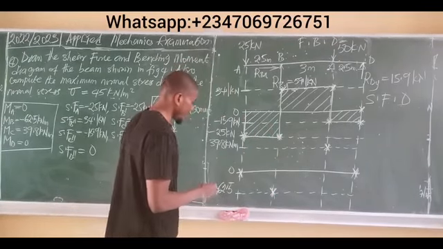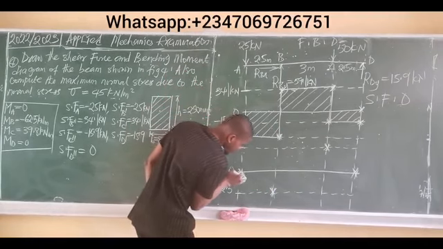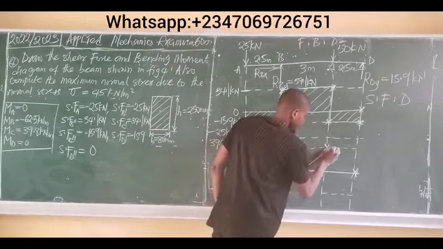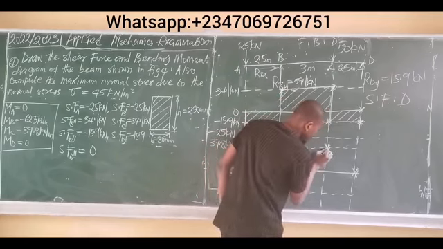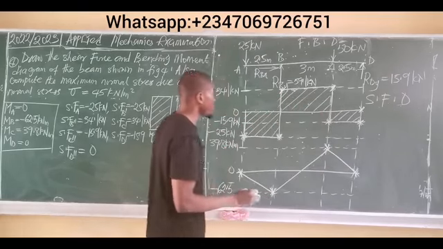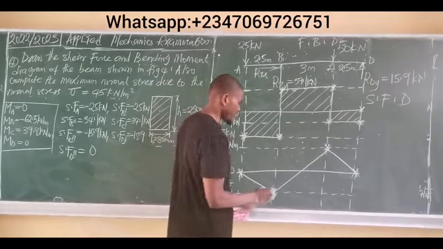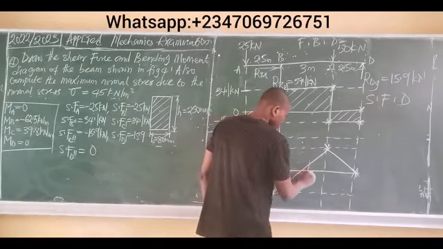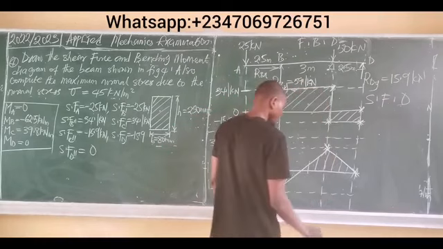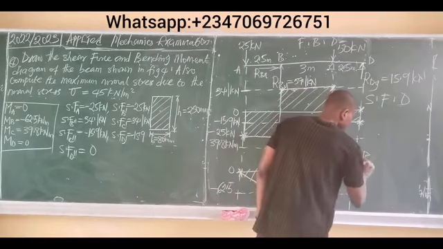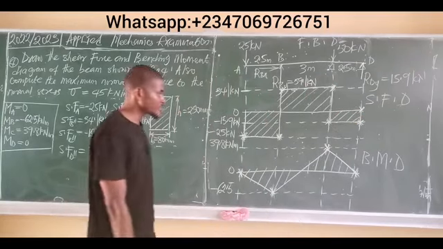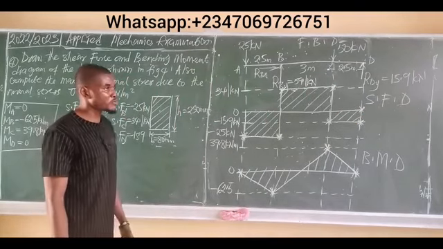So you start from A, you connect to this point, you connect to this point, and you connect to this point. Since they are all point loads, then you have this to be the moment diagram. So you simply shade. All right, so this is our bending moment diagram.